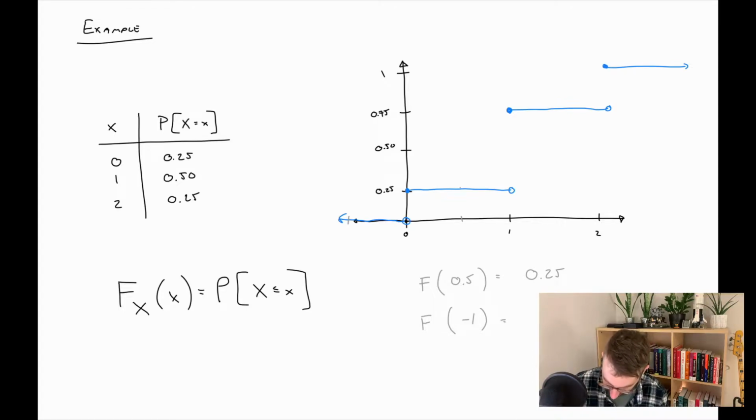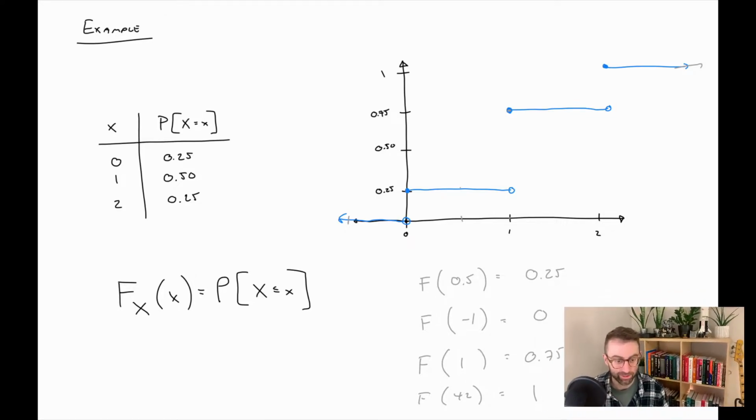That's 0. Then maybe something like, how about at exactly 1? That's this point here, so that's 0.75. Then we'll just say, what's F of 42? Well, that's way out here somewhere, so that's clearly 1.